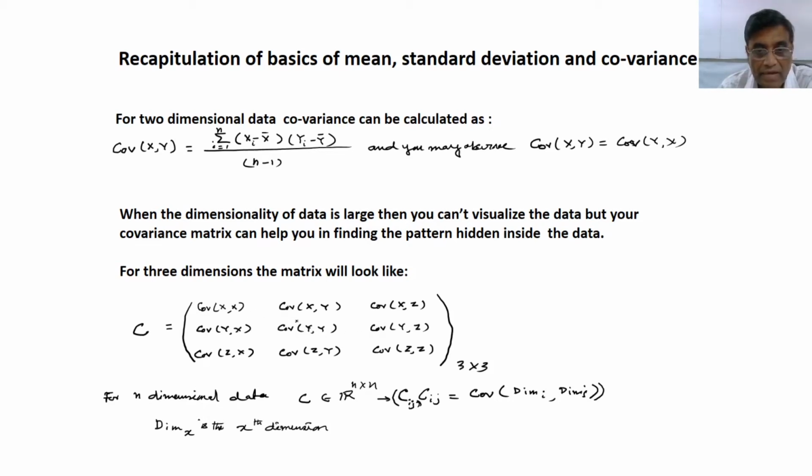The diagonals are actually the covariance of the standard deviation square, right? You can just see it from here. So it's a 3 cross 3 matrix.